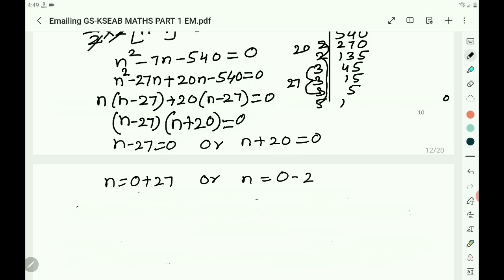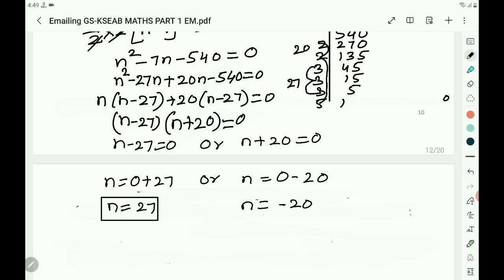So n equals 27, or n equals minus 20. So negative is not a number of terms. Therefore, the number of terms must be n equals 27.